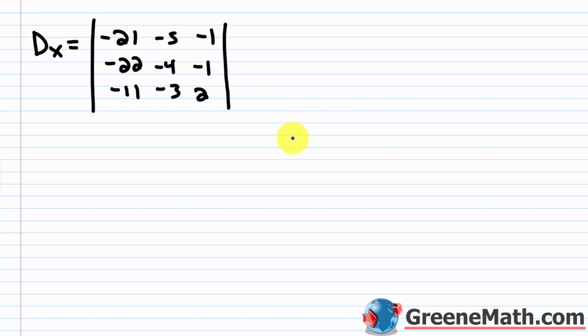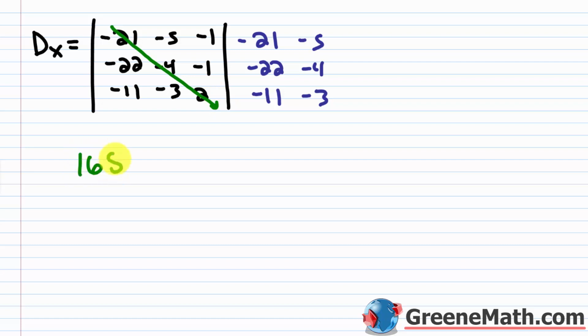So to calculate the determinant the fast way, again, I'm going to copy the first two columns. So negative 21, negative 22, and negative 11, and then negative 5, negative 4, and negative 3. Again, I'm going to multiply going down first. So I'm going to go this way. Negative 21 times negative 4 times 2 is going to be 168. Then plus, I'm going to do negative 5 times negative 1 times negative 11.